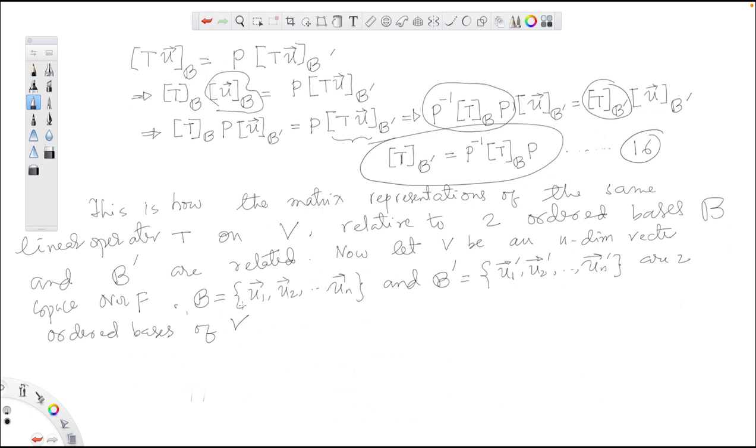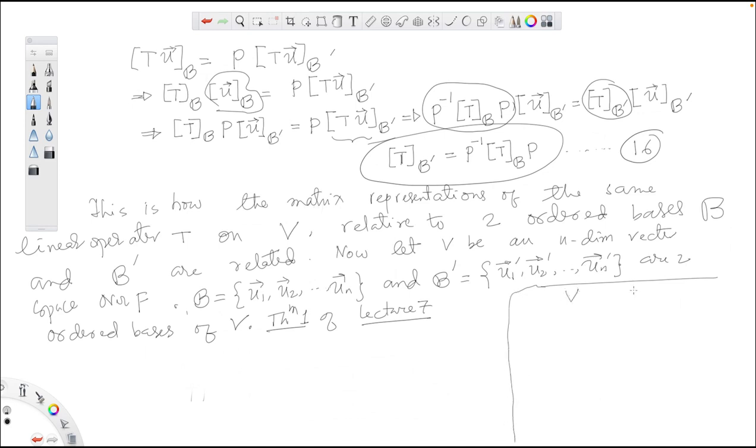Now I'm going to use Theorem 1 of Lecture 7. Remember, that had to do with two vector spaces, V and W. Let me recall the statement of that theorem.